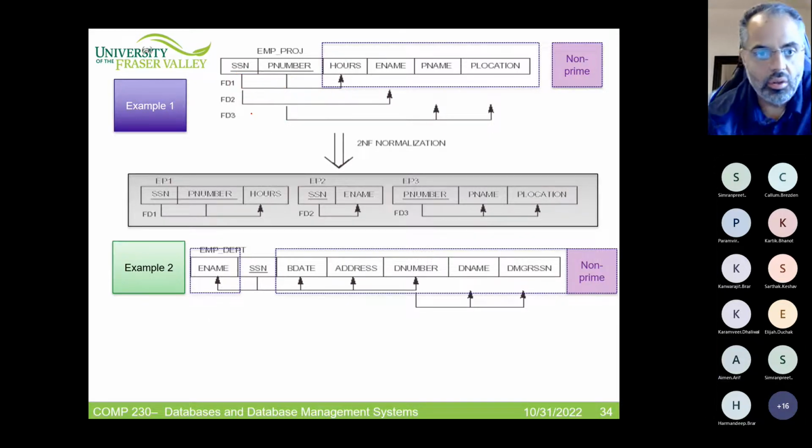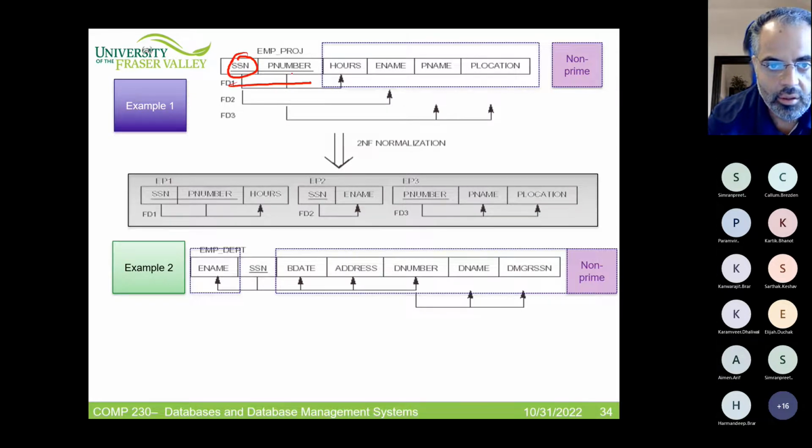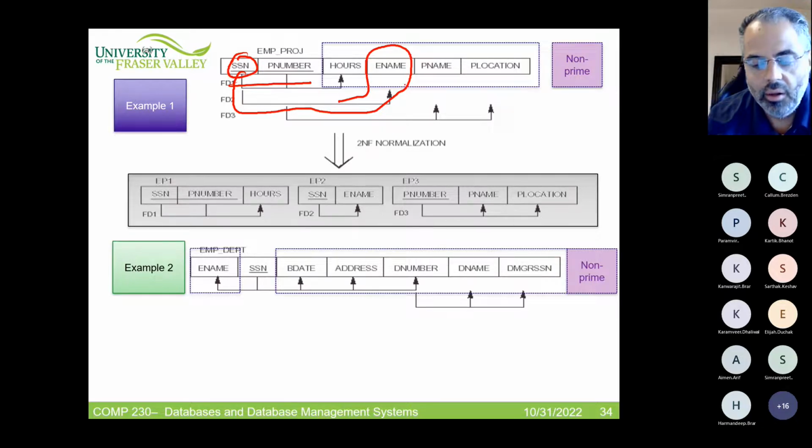There is another violation here where the SSN, which is a part of the primary key, is involved in a relationship with the E name. This also violates because part of the primary key cannot have any relationship. The relationship should always be between the primary key as a whole and other non-primary attributes.